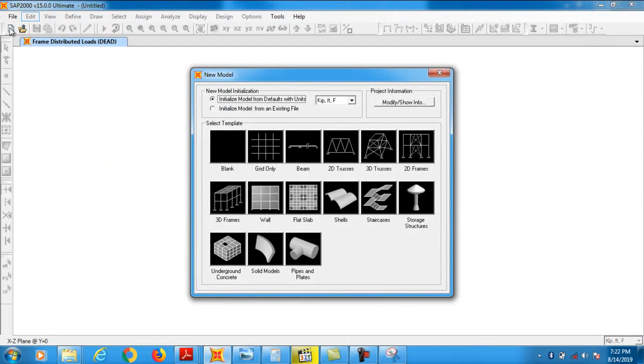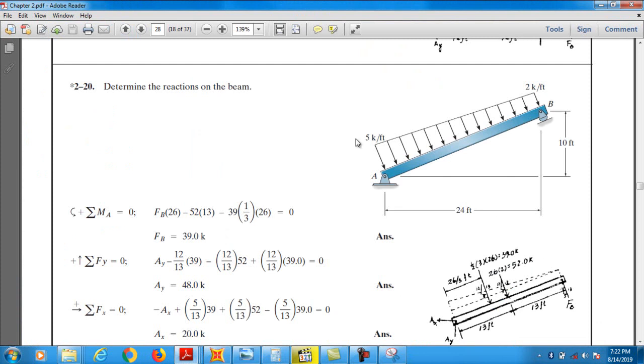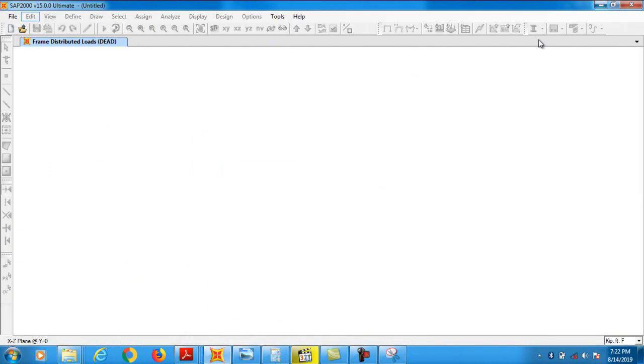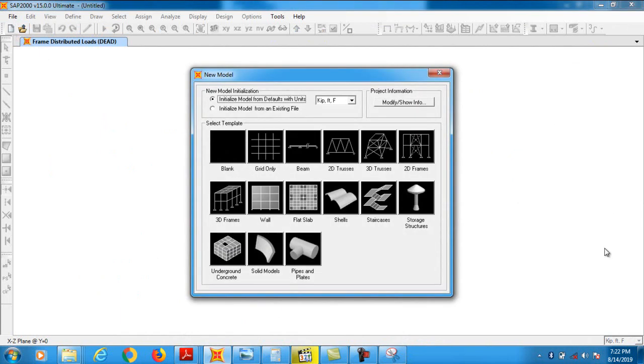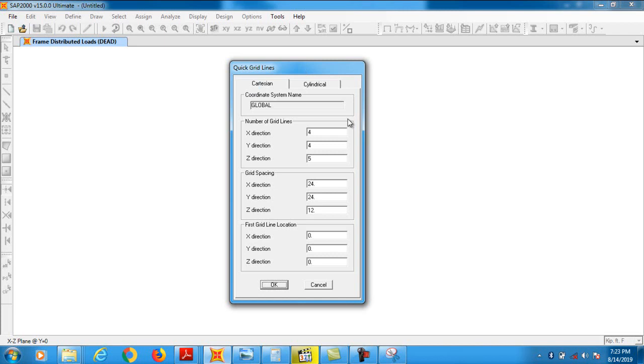Let's say we select the proper units, make sure your units are okay, clear. Kip-feet, select the kip-feet here, new template, and let's say we assign this by grid spacing.